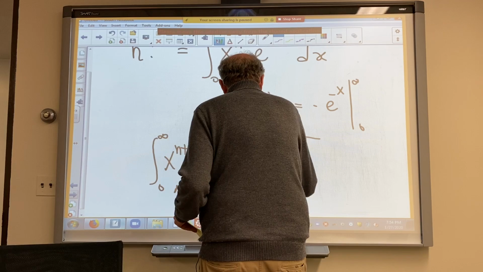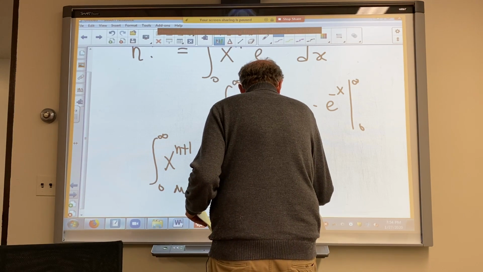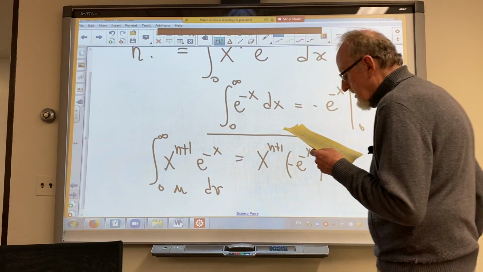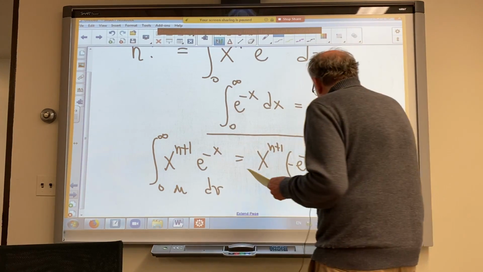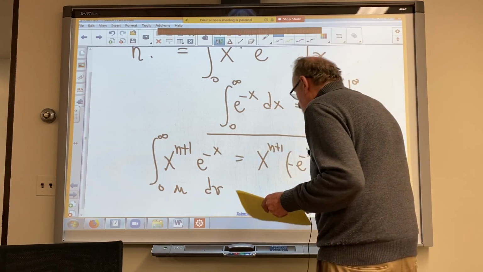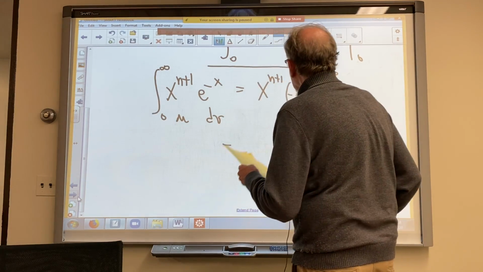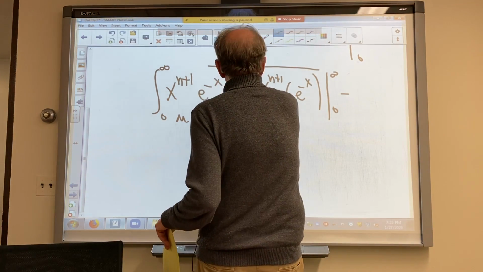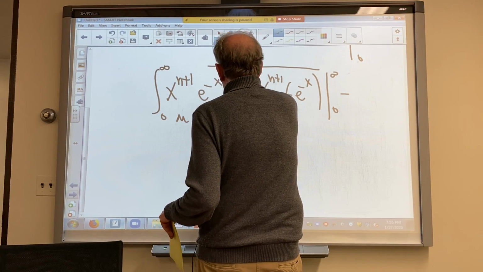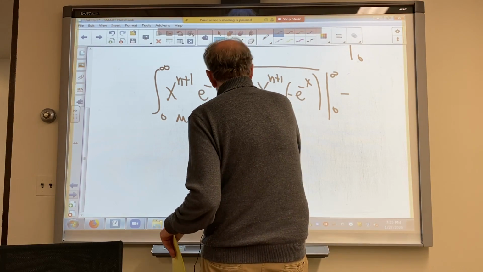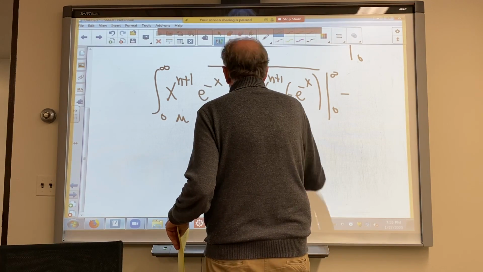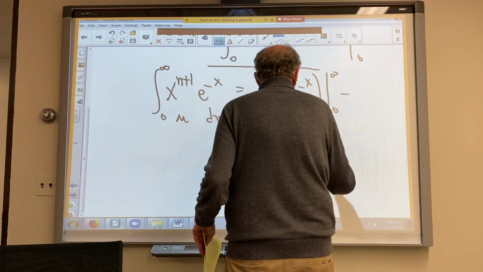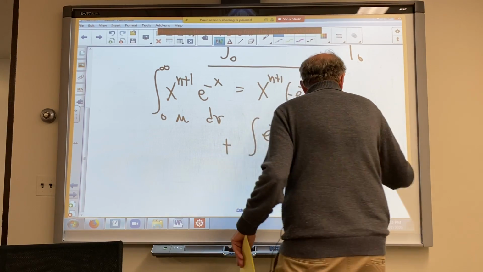So you have x to the n plus 1 times minus e to the minus x, because this is v, between infinity and 0, minus the integral of v du. V has the minus, so I get plus e to the minus x, times the derivative of this, which is n plus 1 x to the n dx.